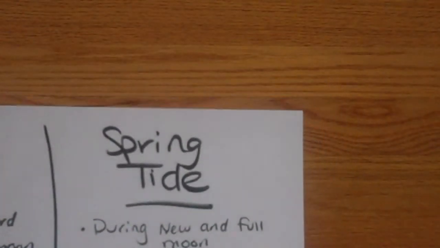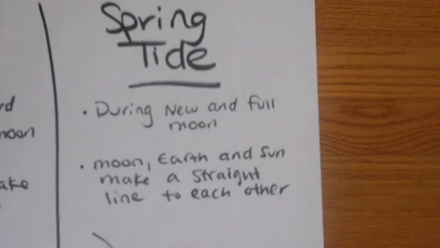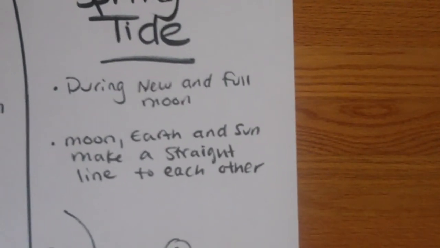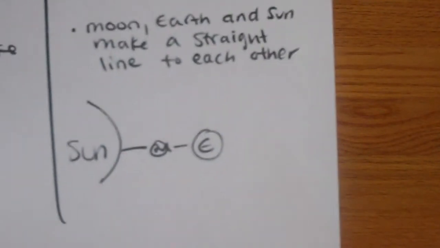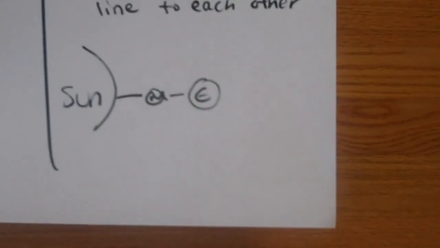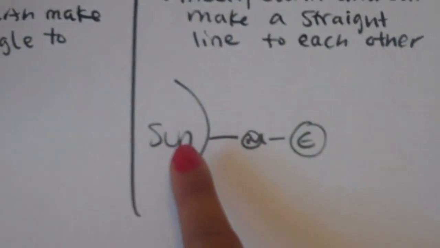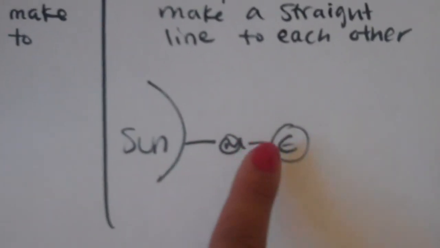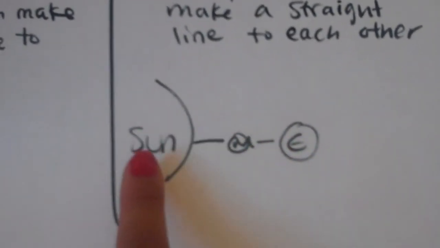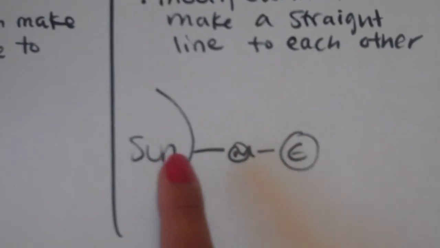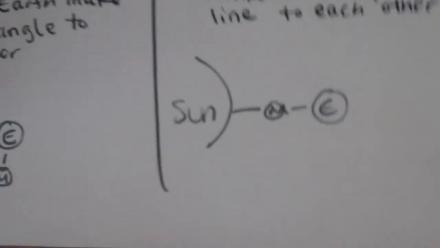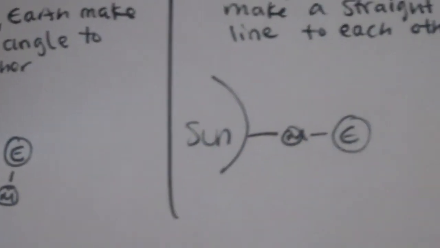Whereas the spring tide, during the new and full moon phases, the moon, Earth, and sun make a straight line to each other. This is an example of the new moon, and see how the sun's over here. Here's the M for moon, Earth, and they're in a line. So together, the moon and the sun are pulling on the Earth. It's an extra strong pull in that direction, so the ocean water is really pulled out.